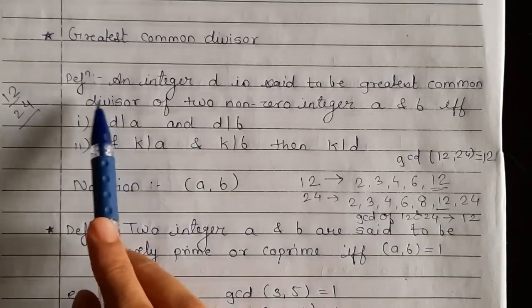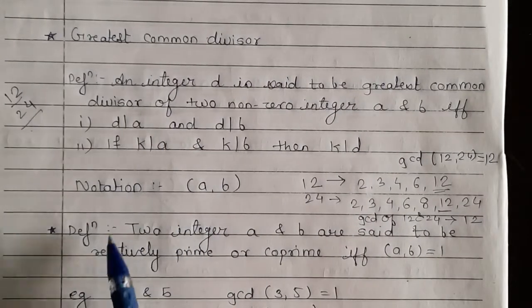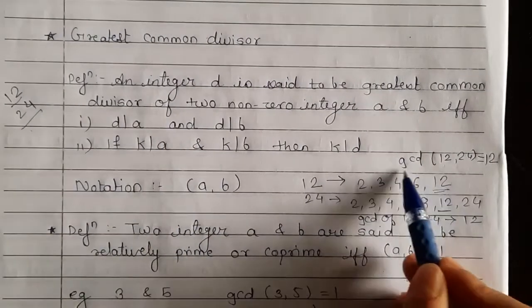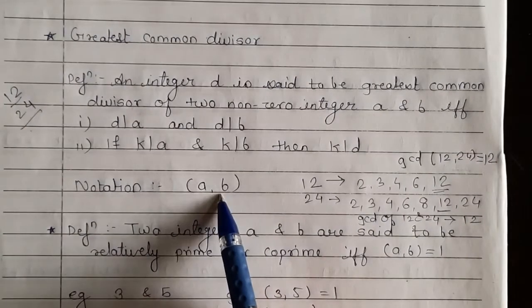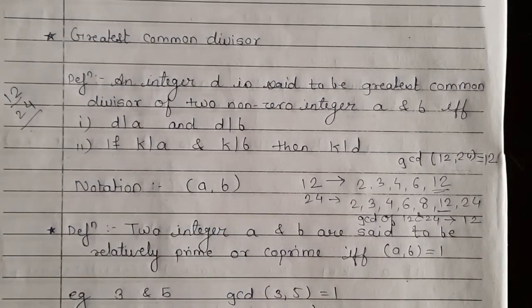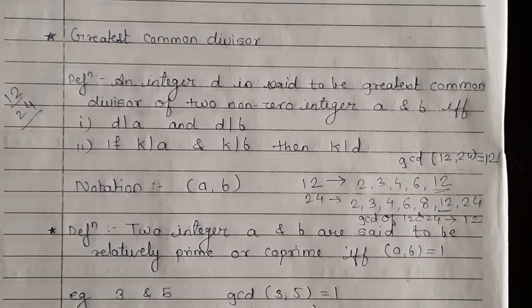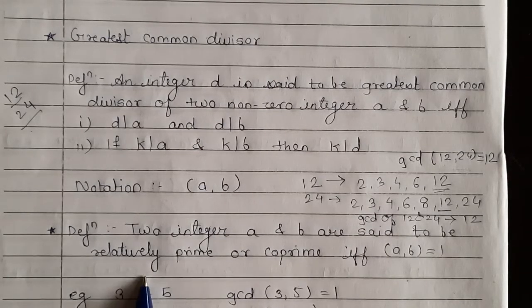Okay, this is the definition of GCD. How you denote it, just now we saw here, (a, b).